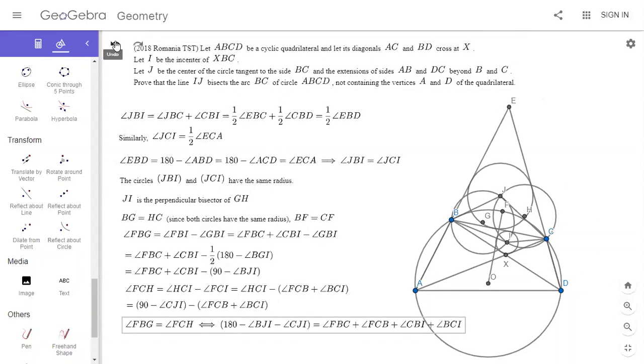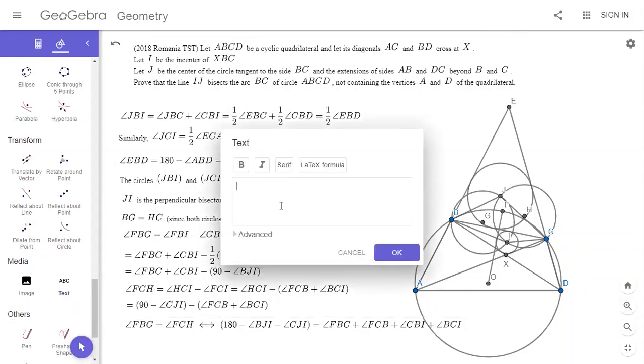Whoops, sorry about that. And so, just so that we don't spend so long on this, those are equal by an angle chase.